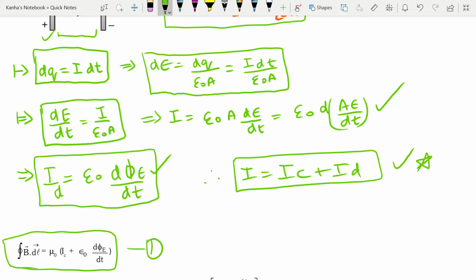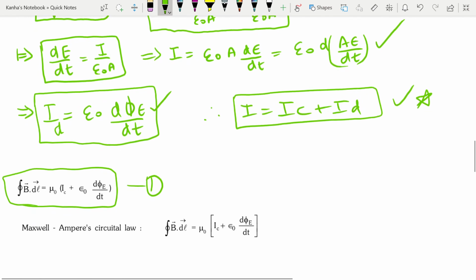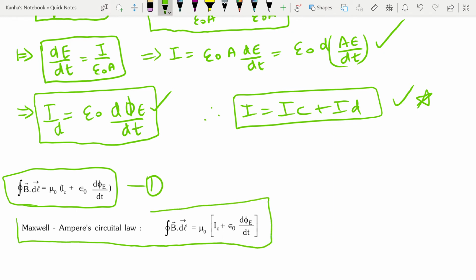This will be essential if you want to calculate anything for a circuit which has a capacitor. Similarly, Maxwell's equations are also changed for this. So Maxwell's Ampere circuital law becomes the integral of B dot dl equal to mu naught IC plus mu naught epsilon naught d phi E by dt.